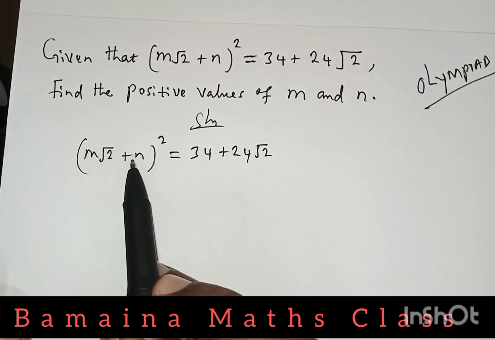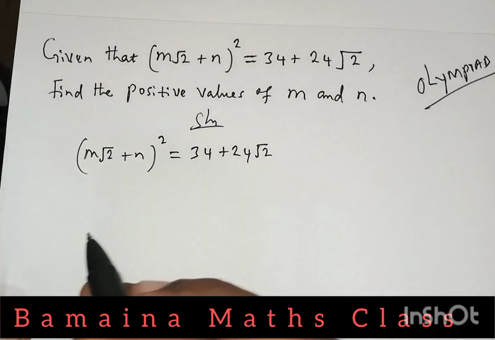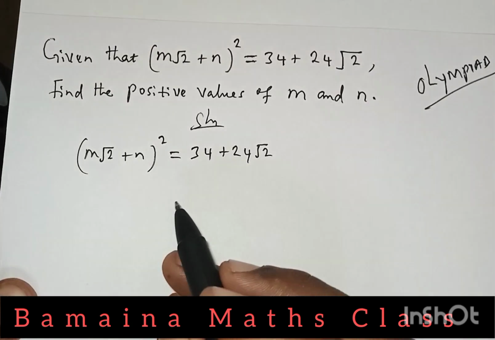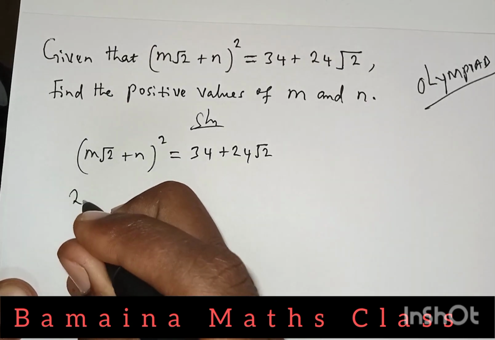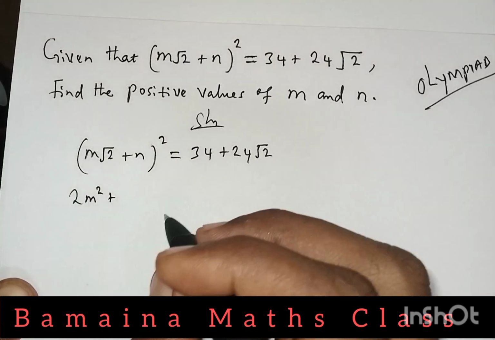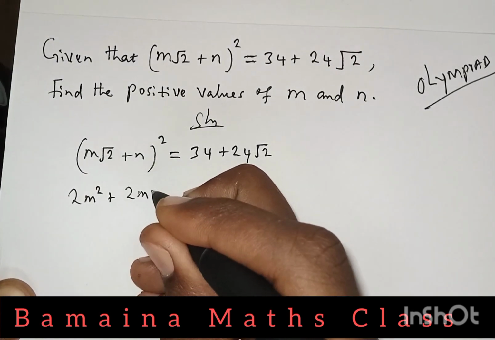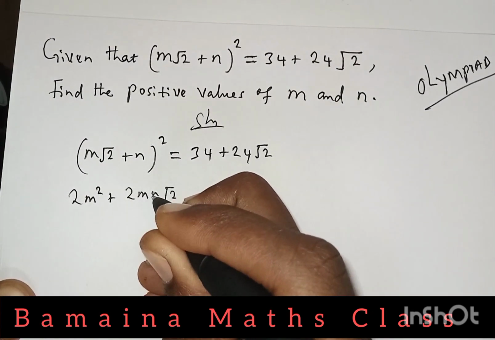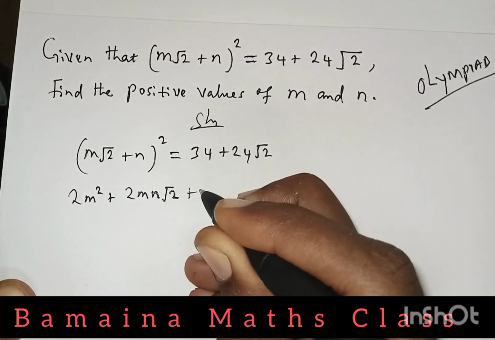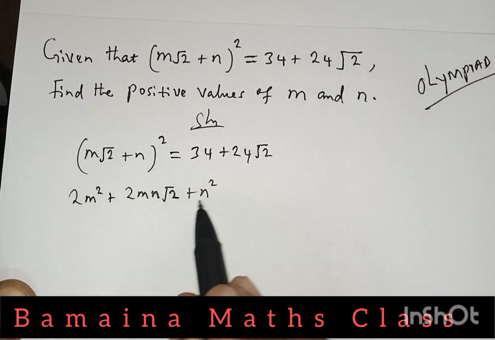It means this bracket multiplied by another the same bracket. So we are going to have 2m square plus 2mn root 2 plus n square.